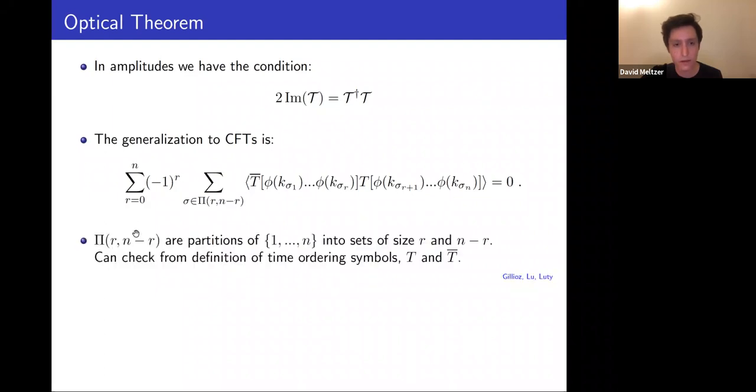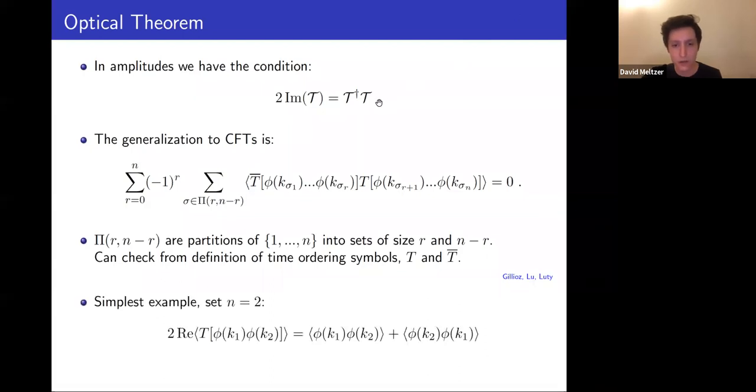So here pi is just the set of partitions of 1 to n into two sets of size r and n minus r. And it's straightforward to check this identity if you expand the time ordering symbol and the anti-time ordering symbol in theta functions and check that they all cancel. So this identity was used in a nice series of papers by Gillioz, Meineri, and Penedones to study CFTs in momentum space.